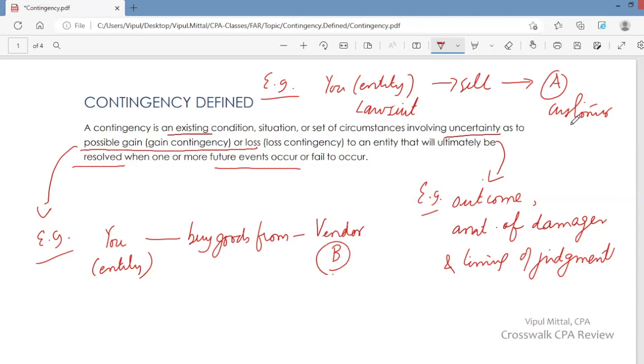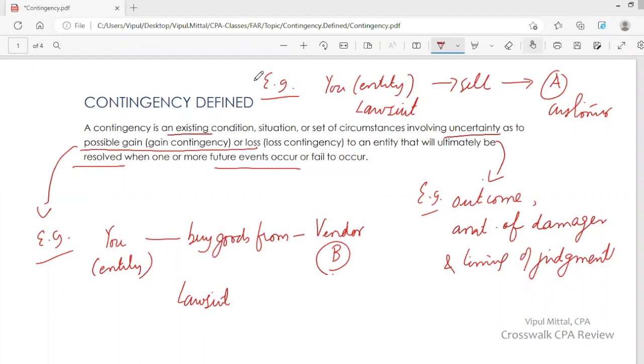You incur losses, you incur damages, and you file a lawsuit against vendor B for the damages. Now, you may get some damages from vendor B.